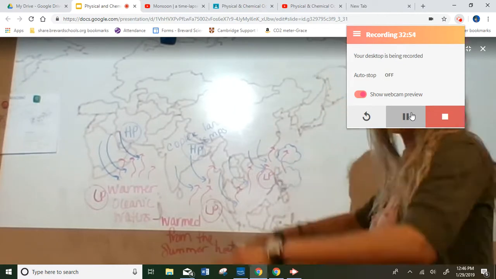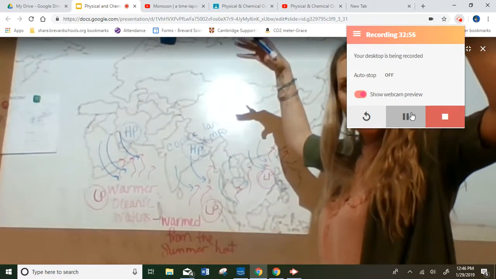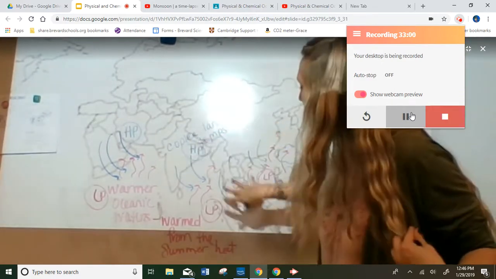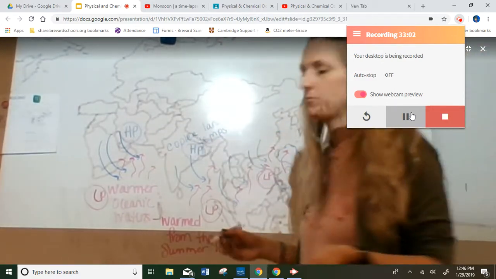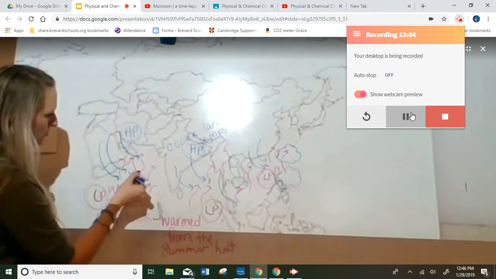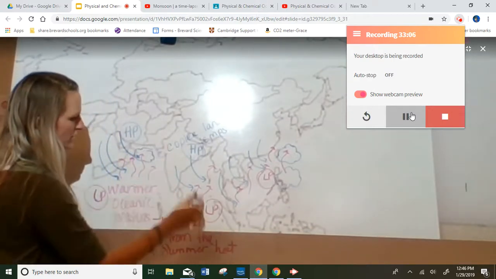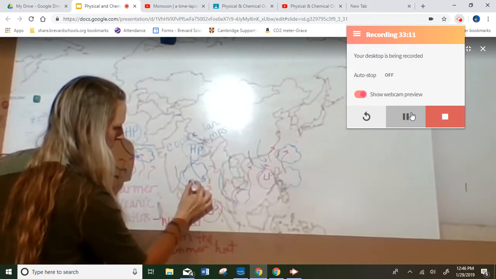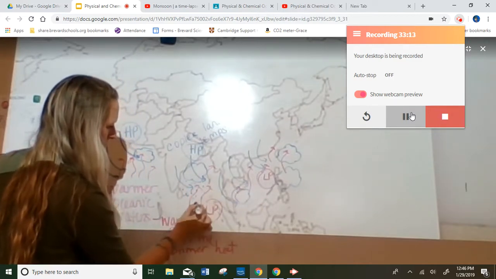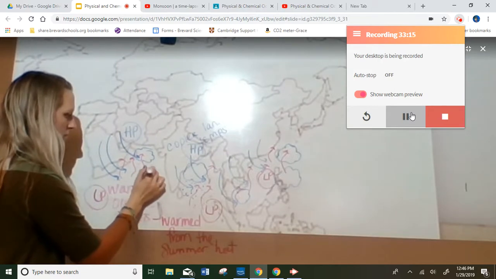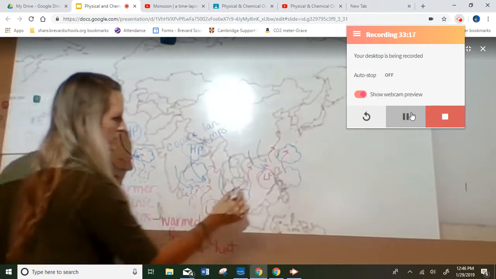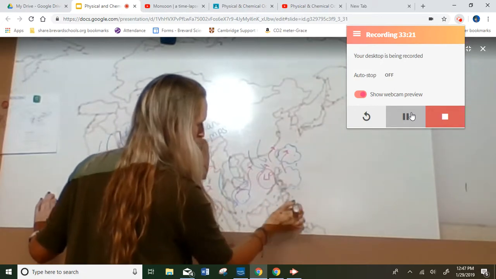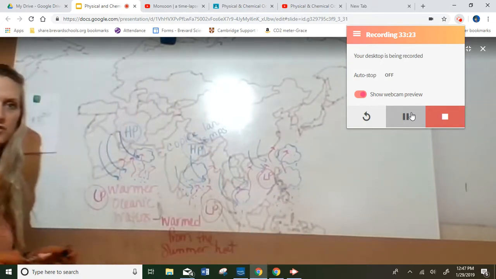Once all that water vapor has evaporated and risen, it's going to get cooler with that cold air coming through, make it condense, and then precipitation. So it's going to rain in your oceans. Lots of rain, just not rain happening over land.